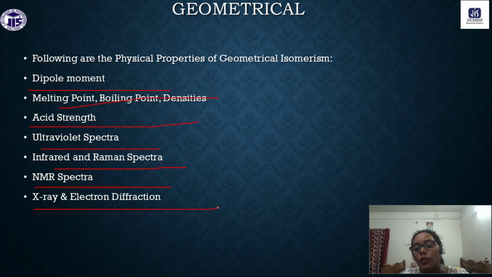All these properties we have to discuss while we are dealing with the property of geometrical isomerism, but in detail you don't have it in your syllabus, that's why I'm not telling you. Only remember that these are some of the properties that are very important for geometrical isomerism.